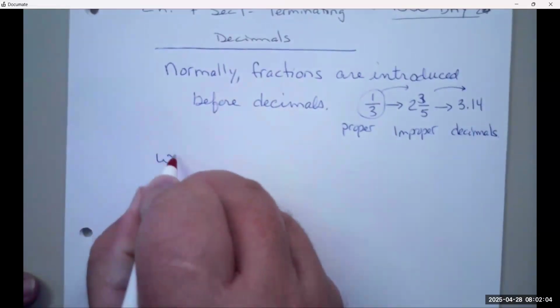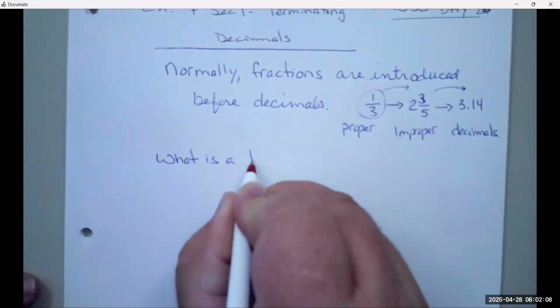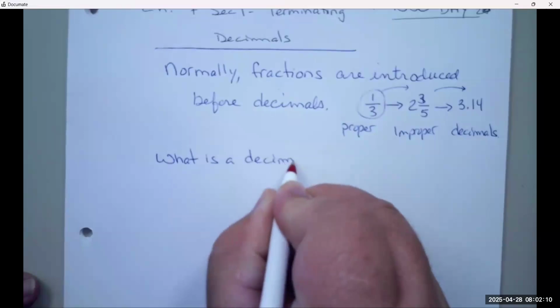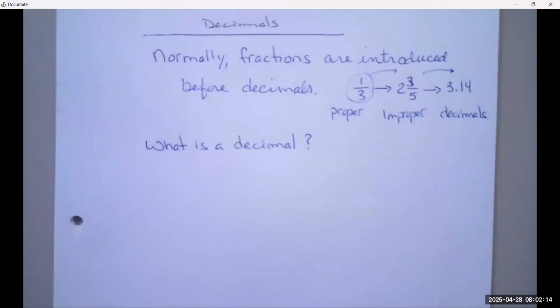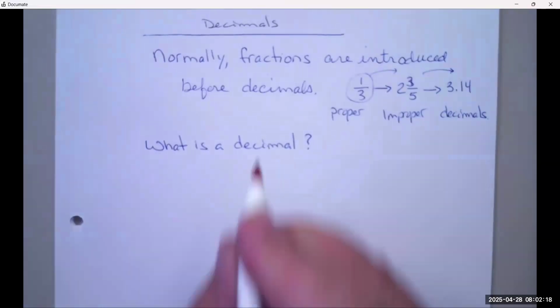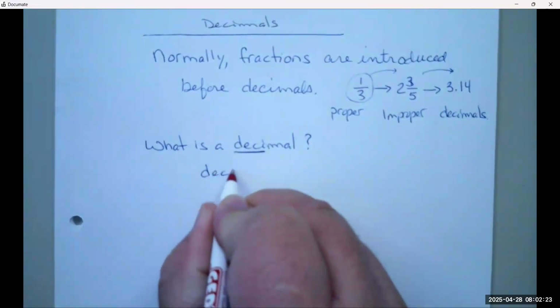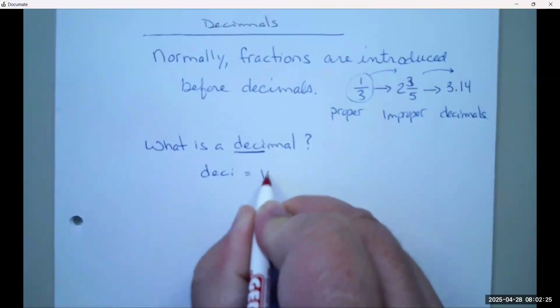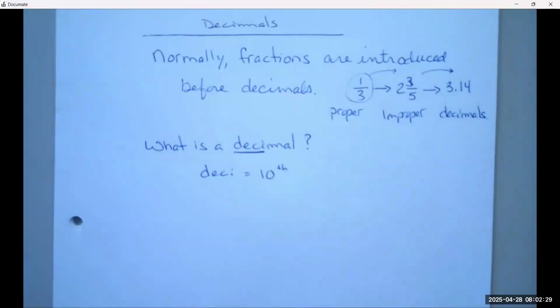So, what is a decimal? The name itself tells us. The first part of the word decimal, deci, means tens, tenth.